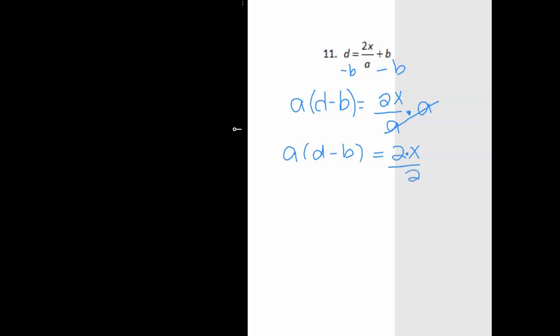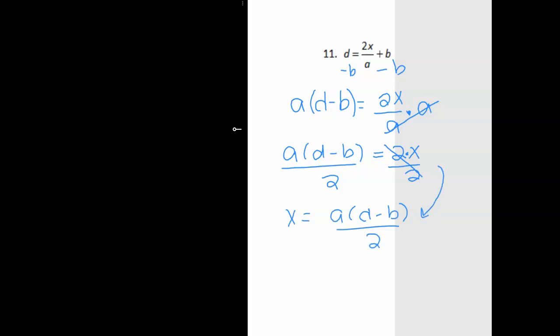So we're going to divide both sides by 2. And I get X equals A times D minus B all over 2.